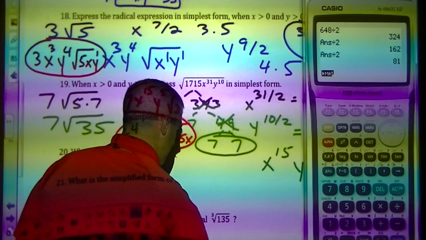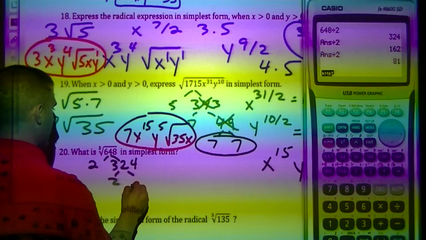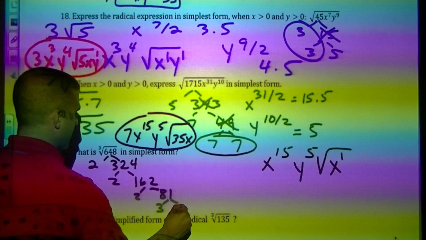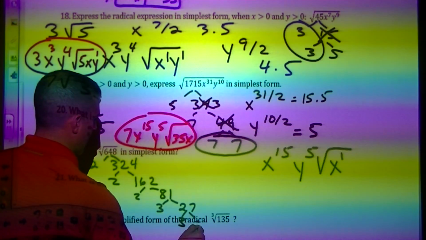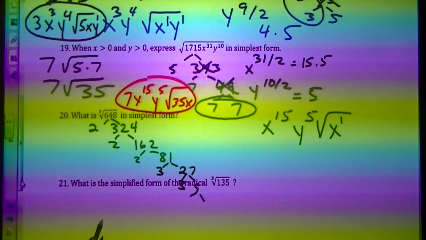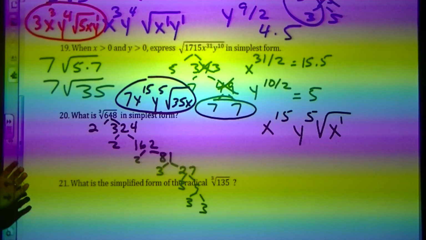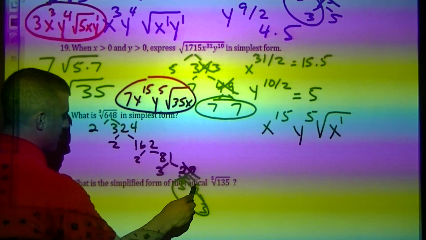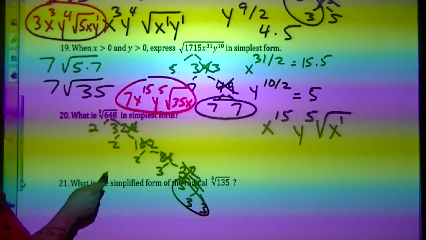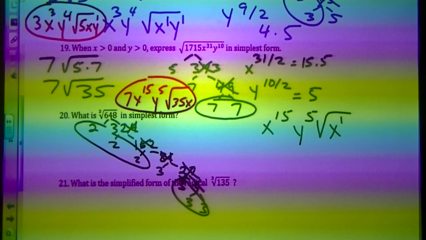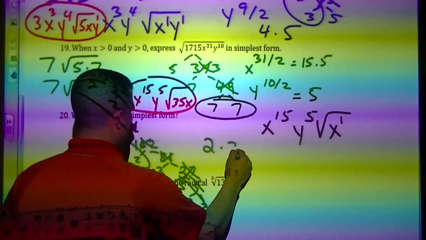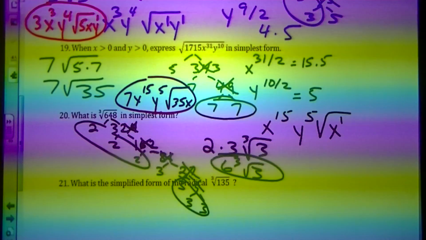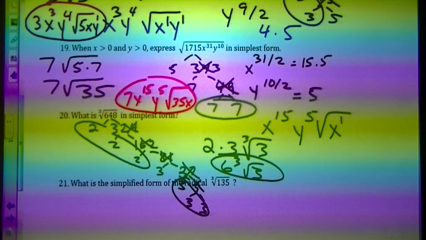Divided by 2 again would give me 81. Divided by 3 would give me 27. Then 3 and 9, then 3 and 3. What I'm looking for here are groups of 3. So I got this group, I can't use these anymore, and I got one 3 remaining. So what I got is 2 times 3, cube root of 3. So that's going to be 6 cube root of 3, and that would give me my final answer there.